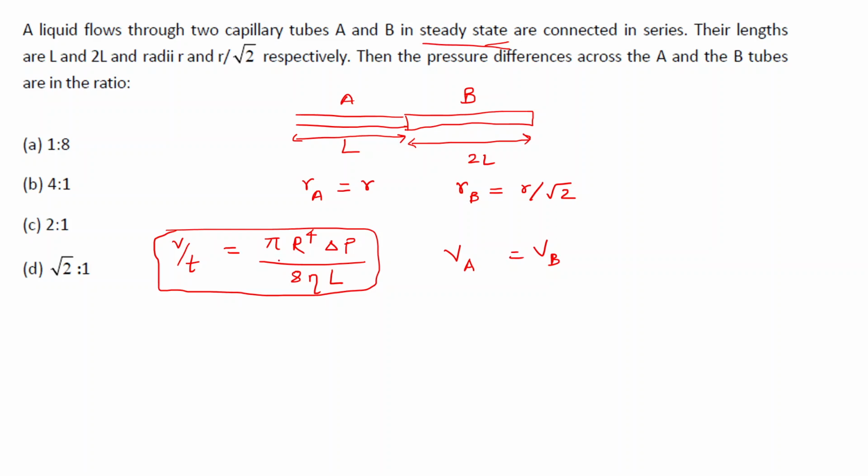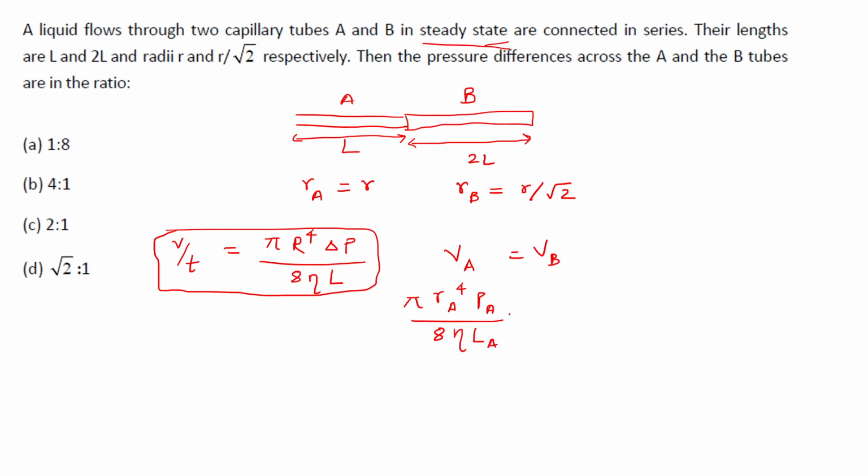From this expression we can rearrange. Volume per unit time, we can ignore the time, and what we will get is pi, radius A to the power 4, and pressure, let's say for this one I am calling it PA, divided by 8, and the coefficient of viscosity is the same because the same liquid is flowing throughout, so it's just eta, and the length of A tube.